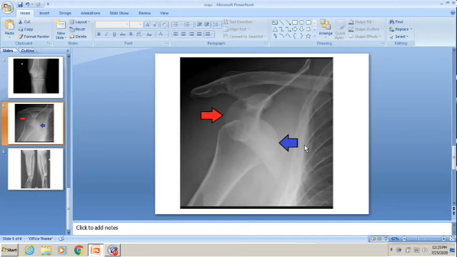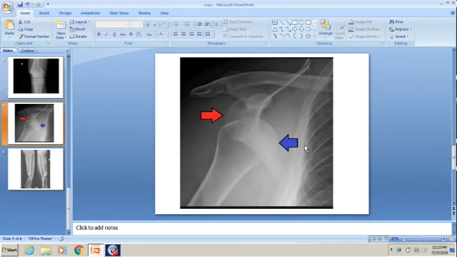Critical point: what are the other types of dislocation you find in shoulder? Posterior and inferior. There is a special name for inferior dislocation. What do you call it? Okay.